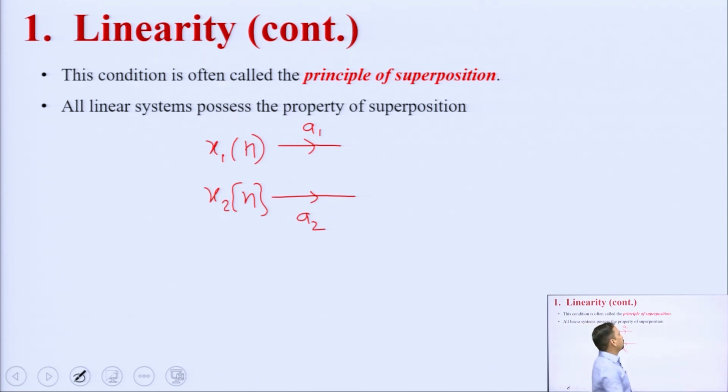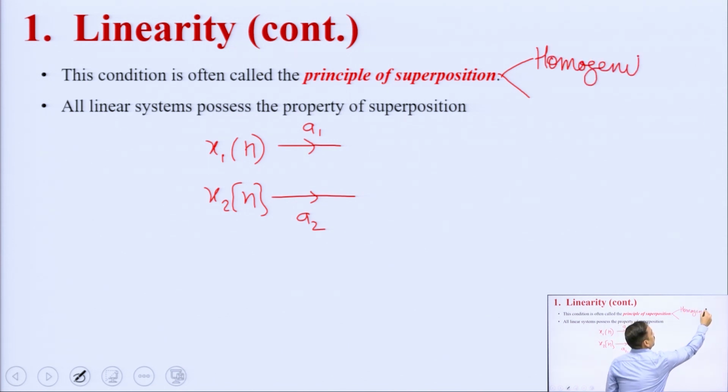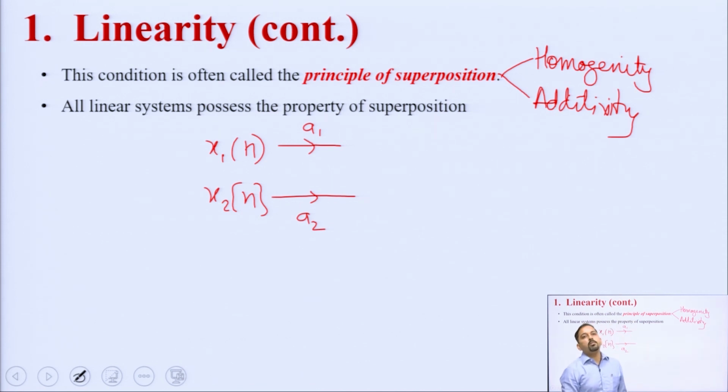The principle of superposition consists of homogeneity and additivity. Homogeneity means we multiply the input signal by a factor, here a1 and a2, and after that we perform the summation.